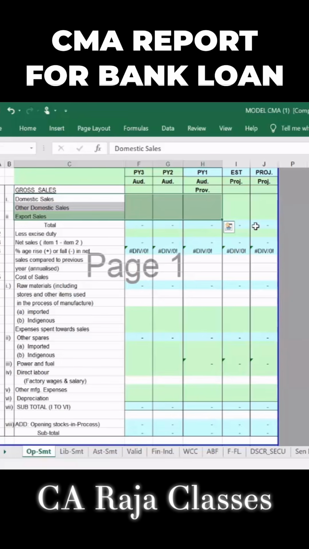Number two, it is also beneficial for the borrower because export credit facilities are cheaper when compared with domestic credit facilities. So what is their export turnover? That information should be clear. What is the trend in the export turnover? Only on that basis, the banker will also be able to finalize what can be the eligible limit for this borrower.